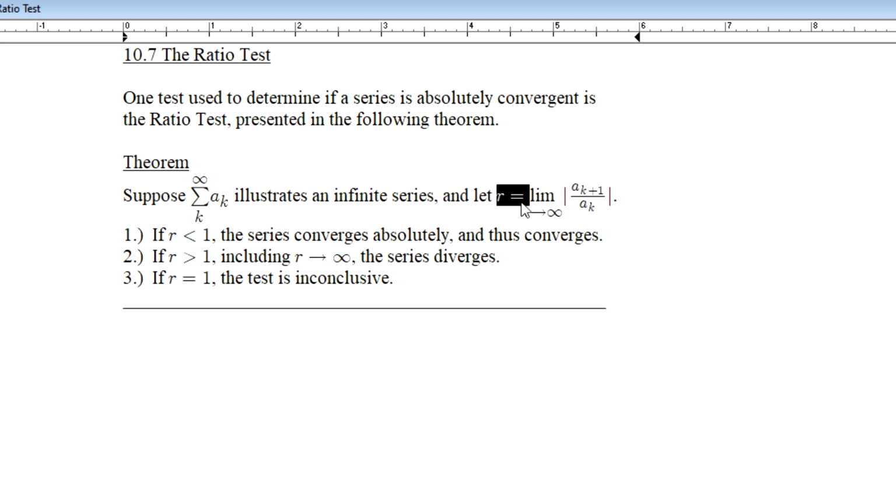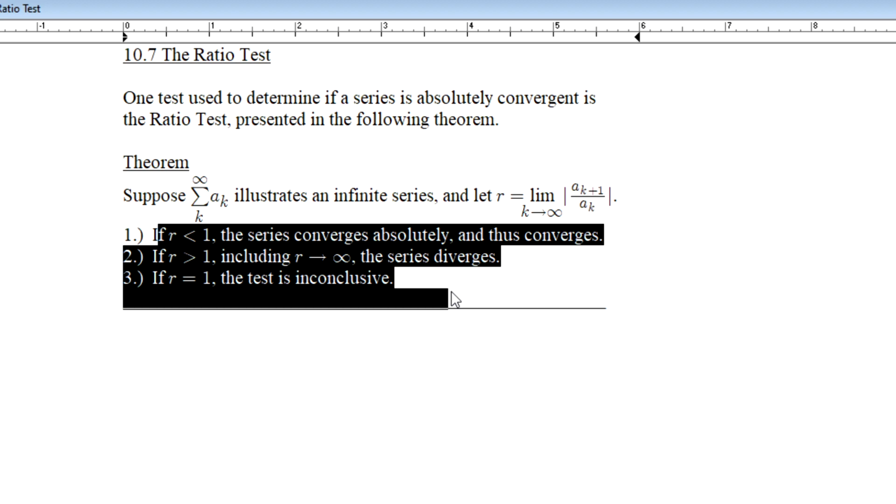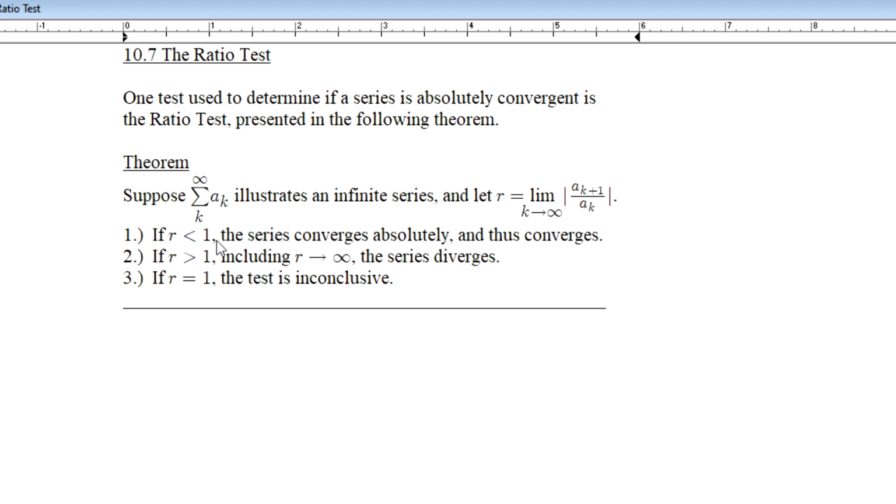Depending upon how r behaves as k heads to infinity will determine one of our three results for the ratio test. To begin with, if that value of r is less than 1, the series converges absolutely, and thus must converge.